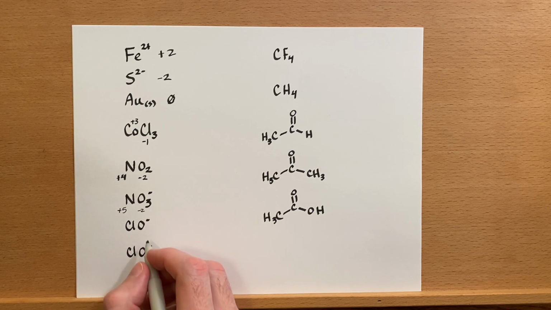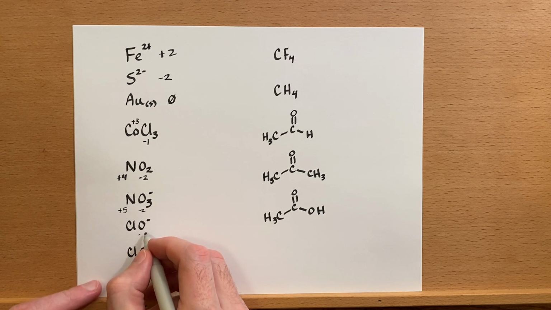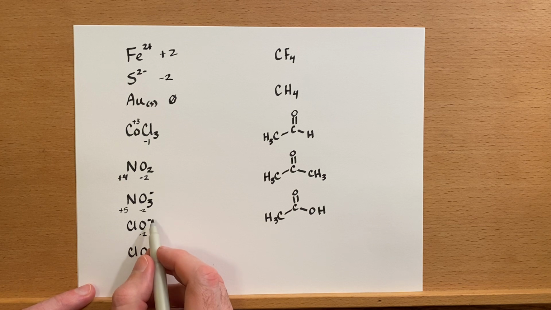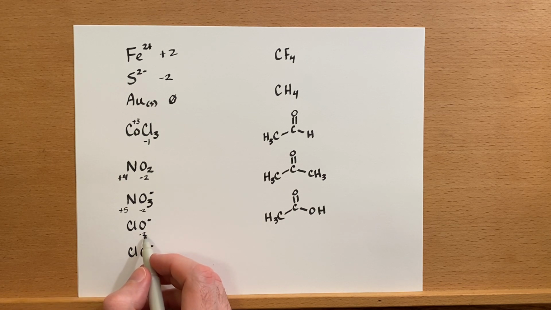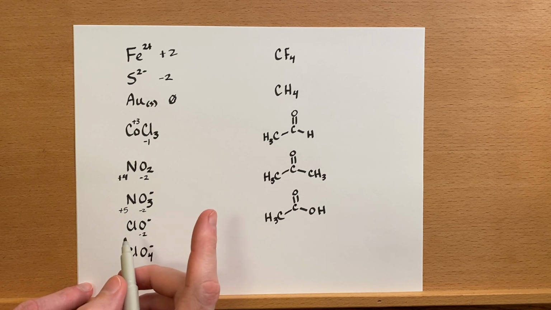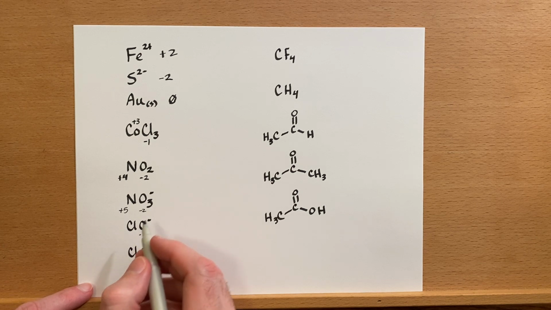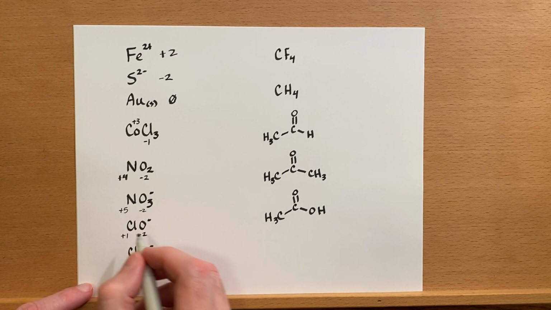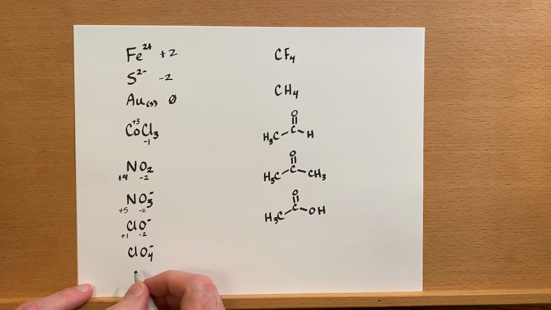Yeah, it took me a second. -2 here. Overall, -1. So we need to counteract just one of the -2's, which will lead this to be +1. So 1 plus -2, -1.